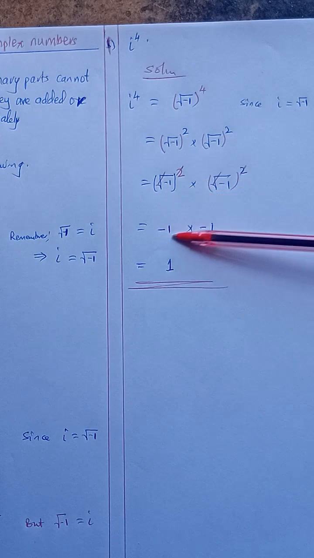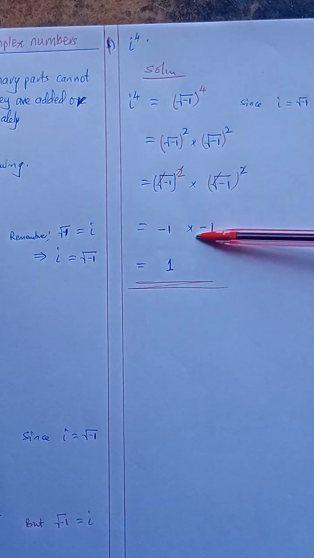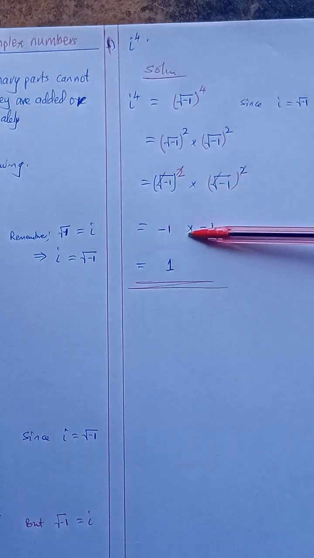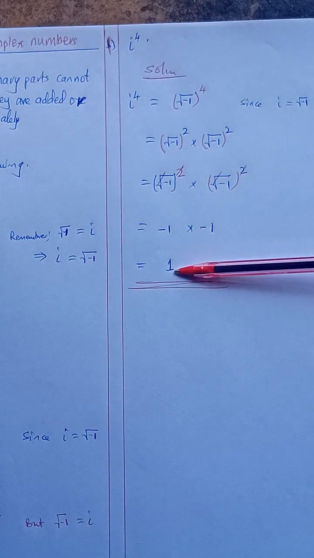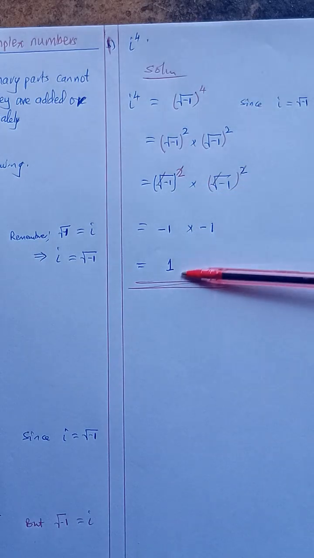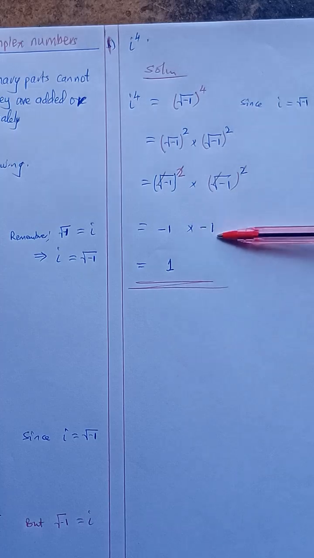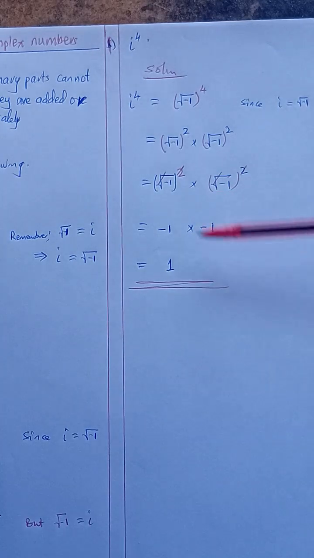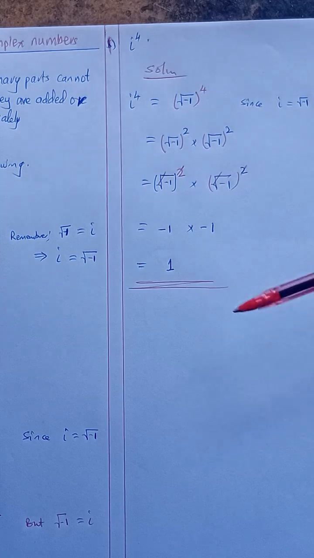We know negative times negative gives positive, and 1 times 1 gives 1. So -1 times -1 gives positive 1. That is how we should go about with the i when you see them in algebra of complex numbers. That is for our example 1.